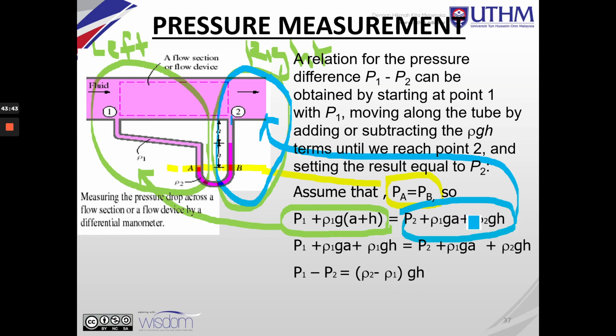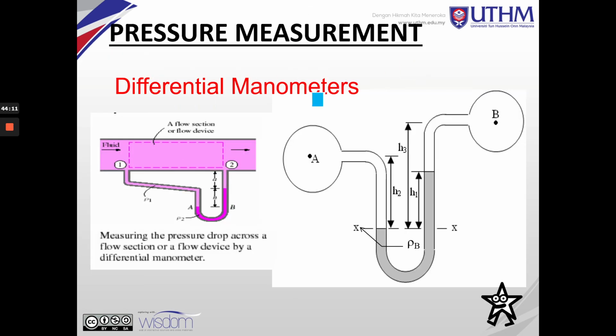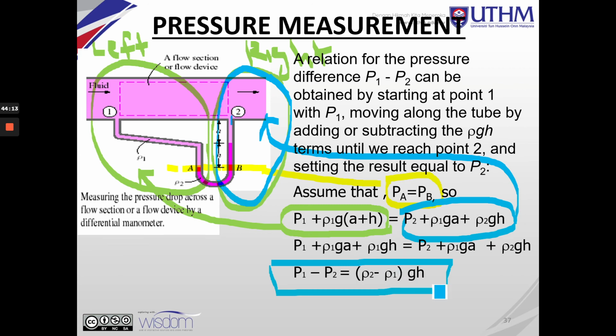That's why we get this one. So just calculate these equations until you get P1 minus P2 equals density 2 minus density 1 times g h. So we get this equation for these differential manometers.